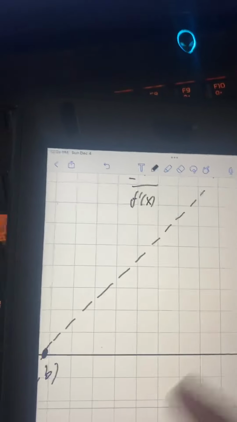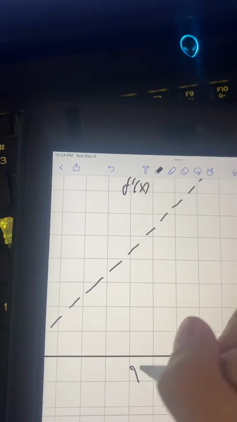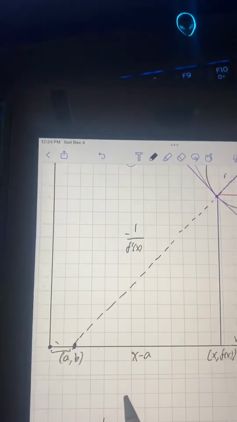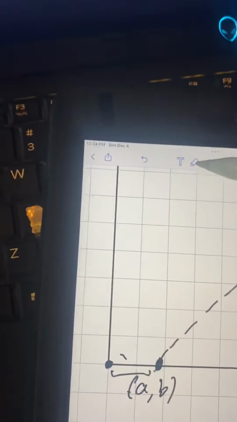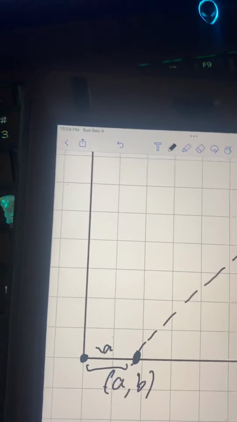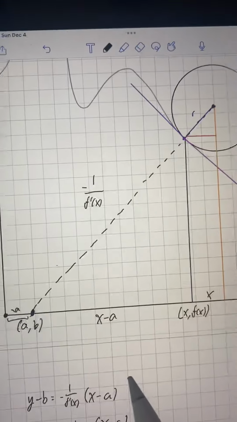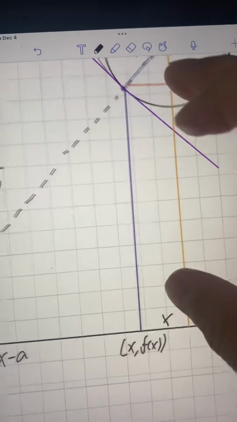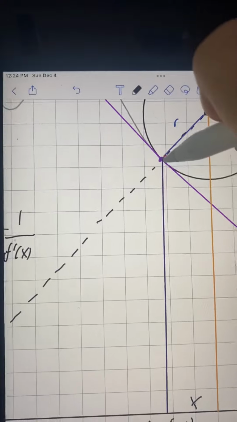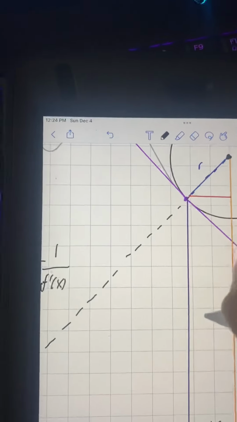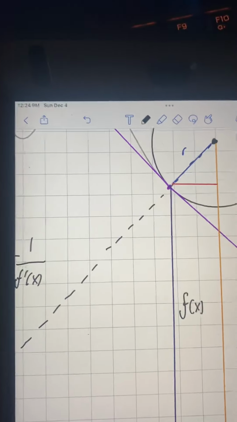So this distance here will be x minus a, right? And this distance here, which I labeled earlier, is a, right? So I already know I need to move it that much. And if you'll notice, hey, this point is really just f of x, right? So this distance here, this height, is f of x.